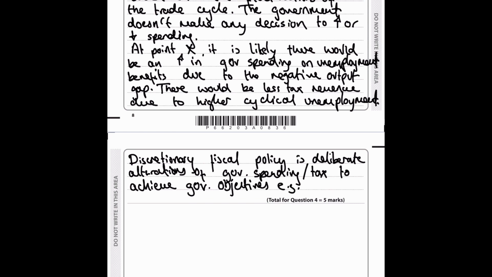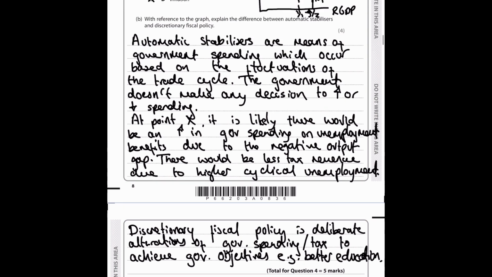And then we could say, e.g., better education. Okay, now that's quite a long-winded explanation, but that should help to cover the points that we've made there.